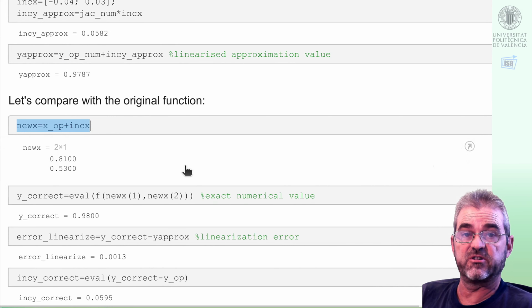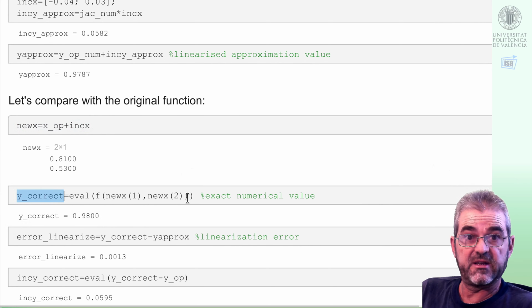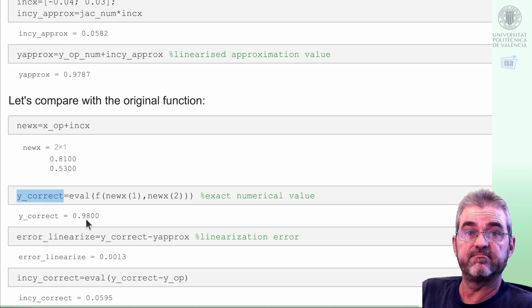The actual function swallows absolute x1, x2, not increments. Incremental stuff is useless for the original function. So we get the new x, this point, and then this is the correct evaluation of my function numerically at this new point, and it is 0.98.